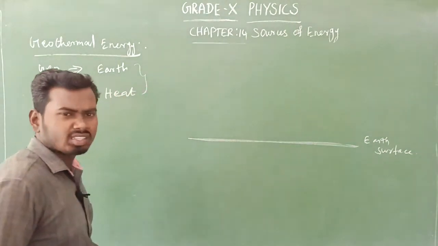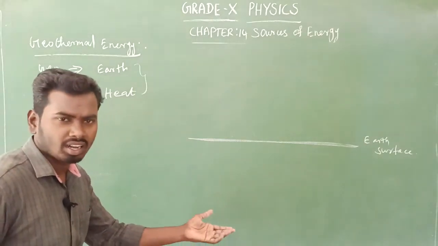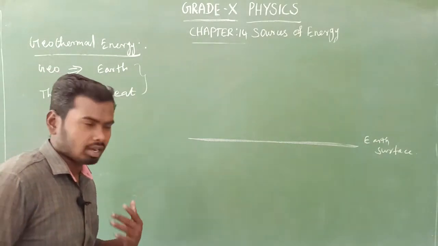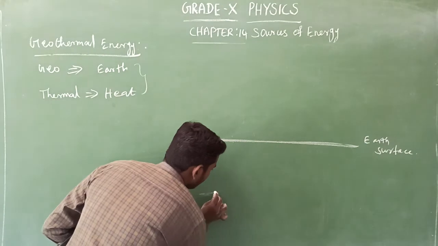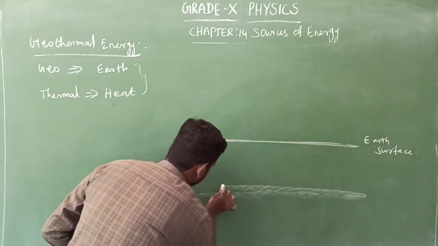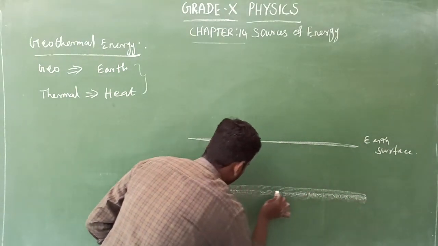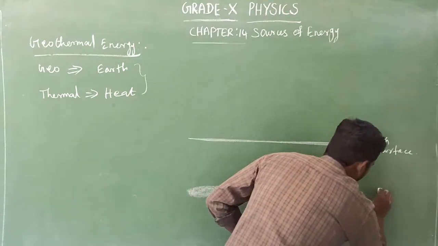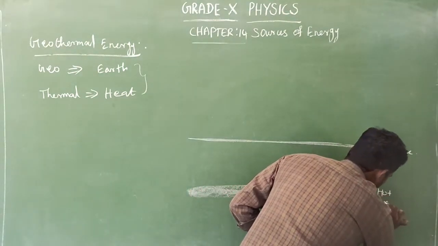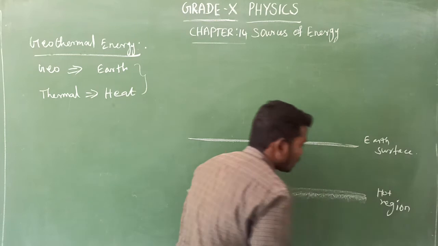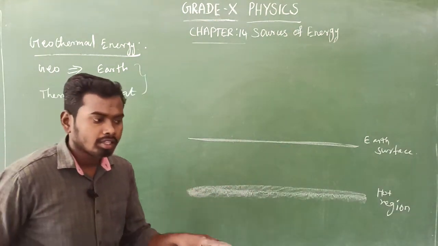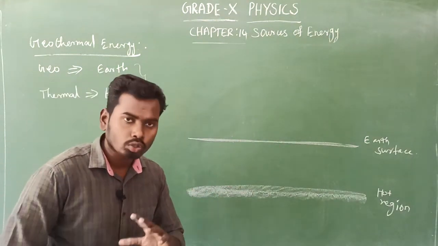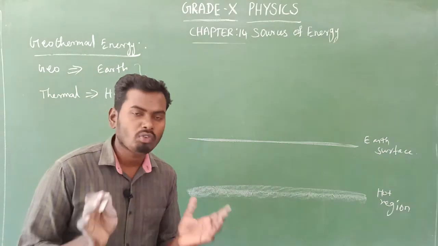Some rock particles are there, tectonic plates are there, then magma also is there. Okay, so look at here. This is very hot region. That is hot region because still inside the earth temperature is too high, as in the form of magma.